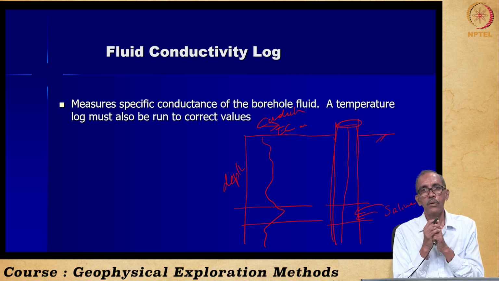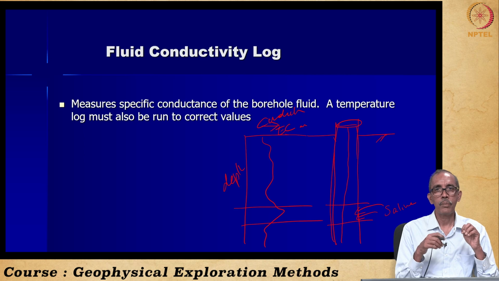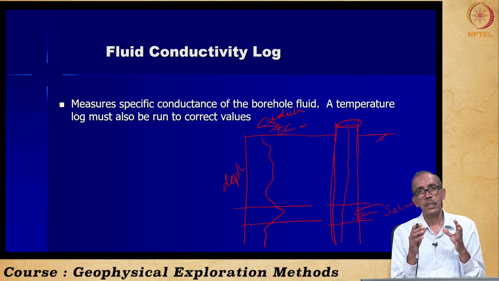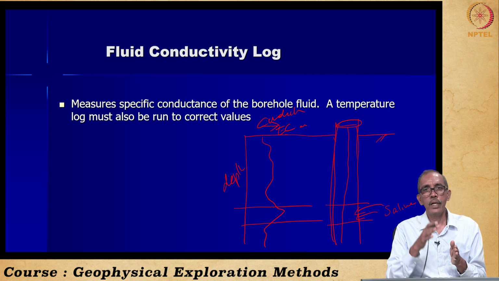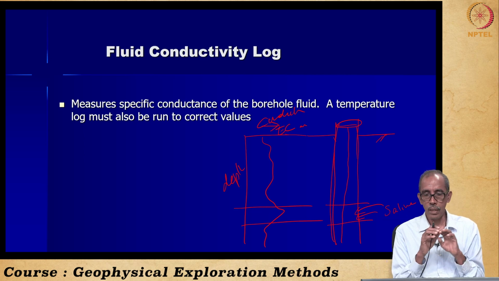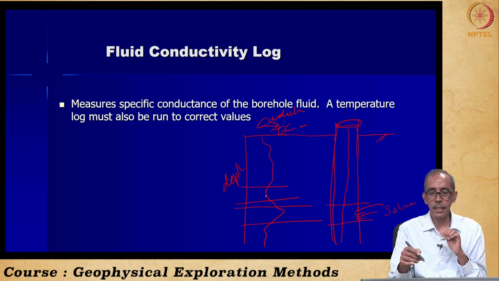So this is how the variation in electrical conductivity of the fluid within the borehole is measured. That helps us to understand quickly whether there is any interaction between the borehole fluid and the surrounding formation water. Similarly, at some location there is a decrease in the electrical conductivity.